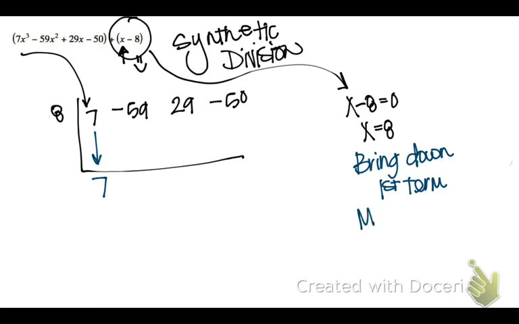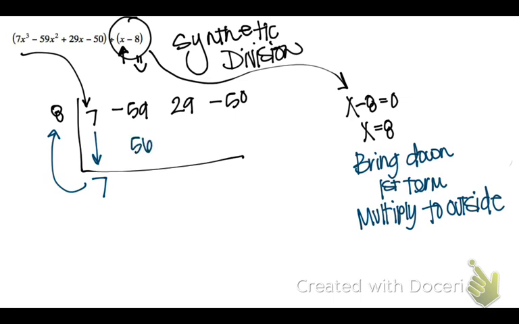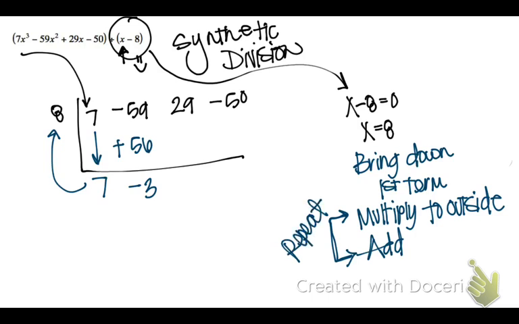And then you multiply to the outside. So I'm going to multiply here. 7 times 8 is 56. And then you add. So negative 59 plus 56 is negative 3. And then these two steps right here, they repeat over and over until we are done with this.